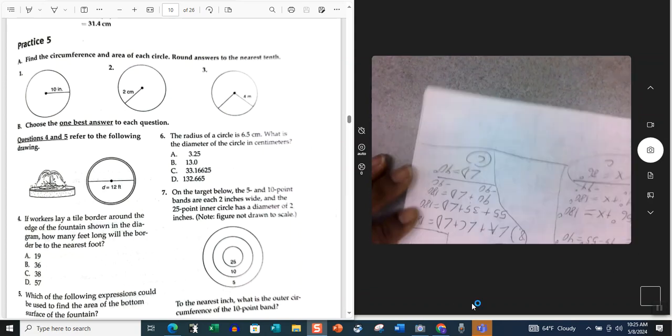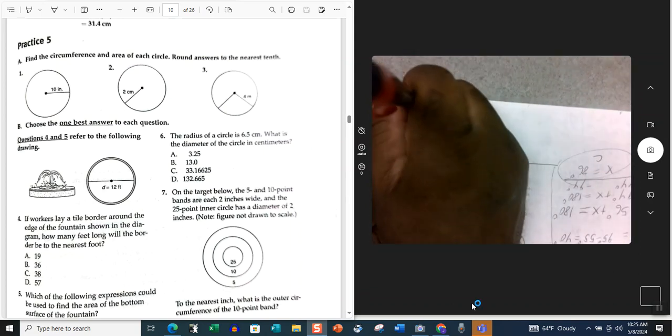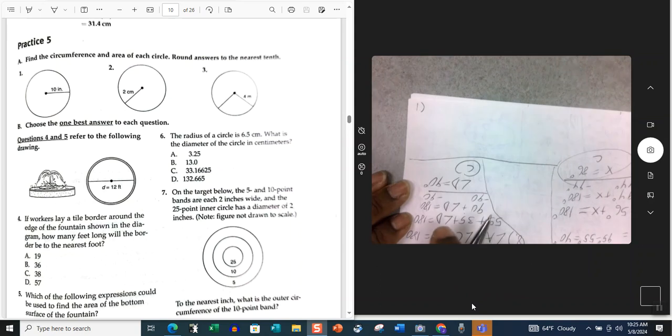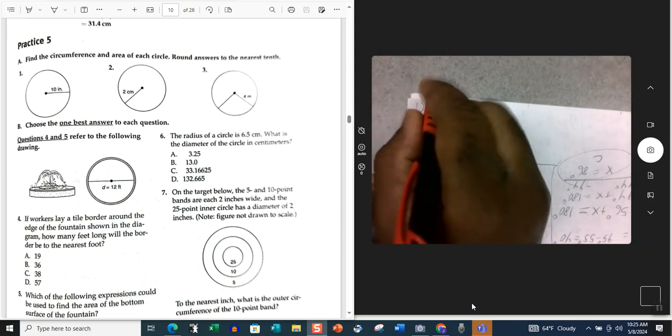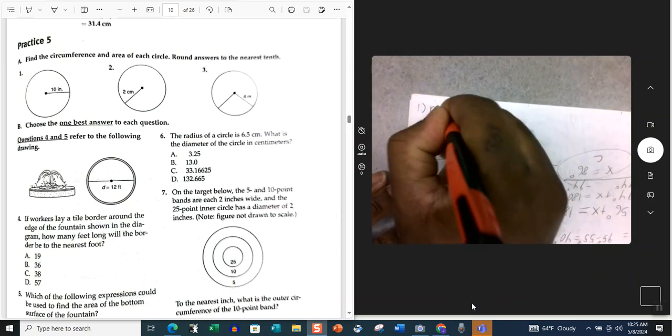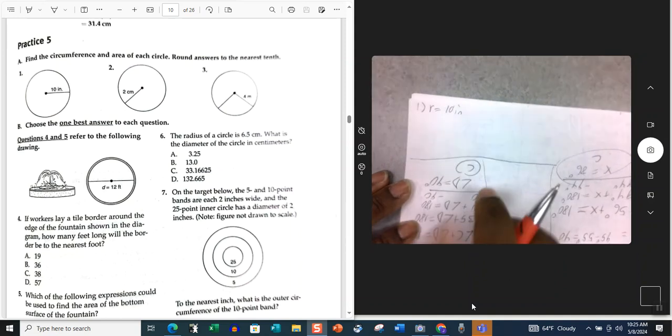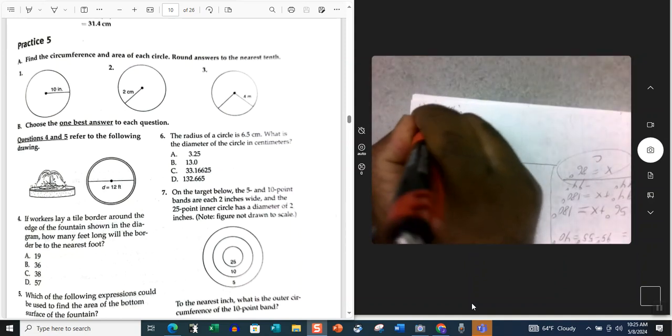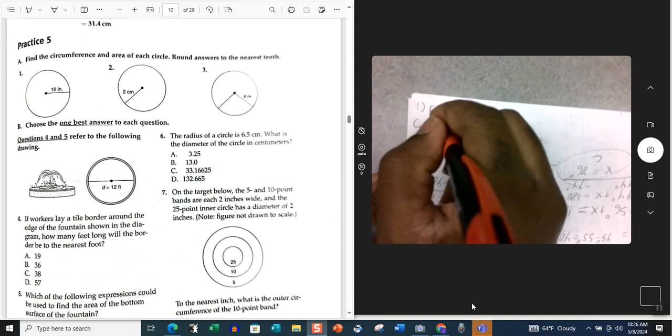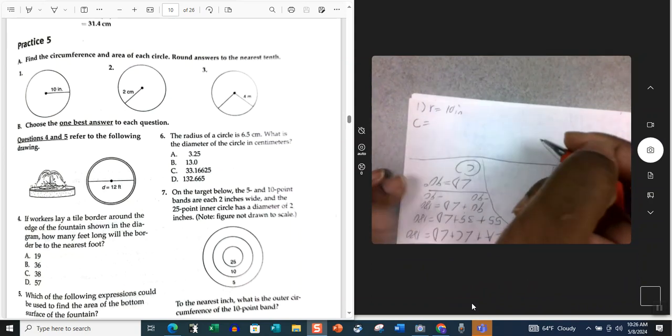Okay, with problem number 1, let's list what we have here. That 10 inches is the radius, so we have a radius of 10 inches. For our formula for circumference, we have 2 pi r, or pi times diameter.